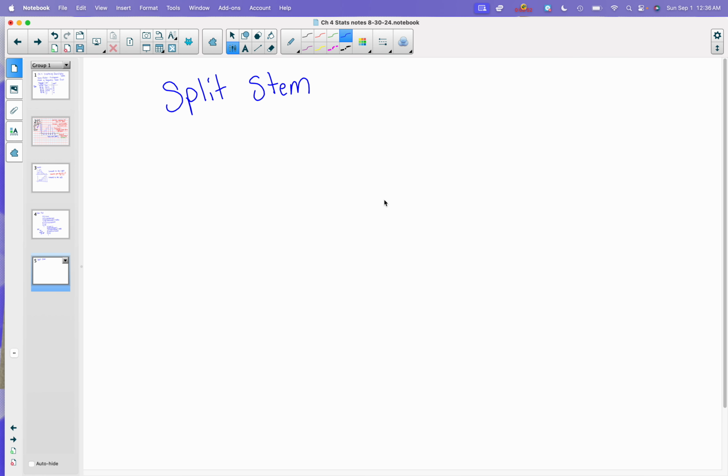So sometimes you want to compare two sets of data, and you can actually do any of these plots. You can do a histogram or a stem plot where, in this case, I'm going to split this. Actually, I'm not going to split the stem, sorry. That would be something else I would do. So let me backtrack on this. We're going to do a back-to-back stem plot.